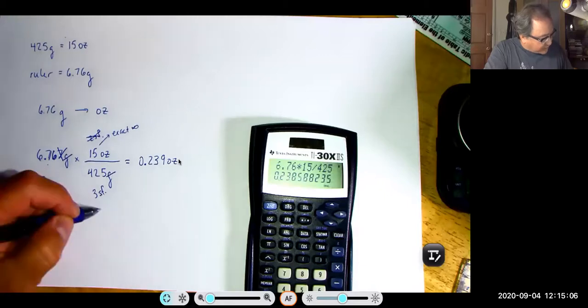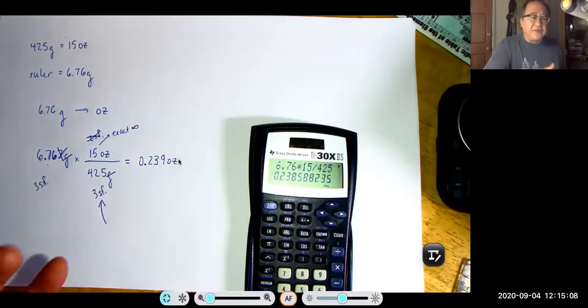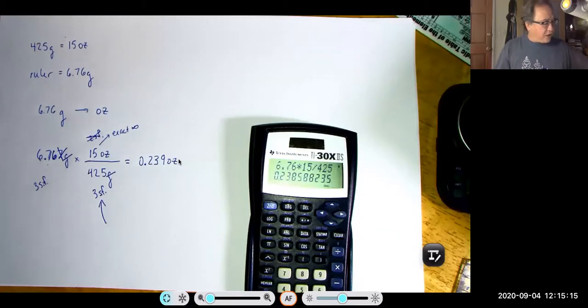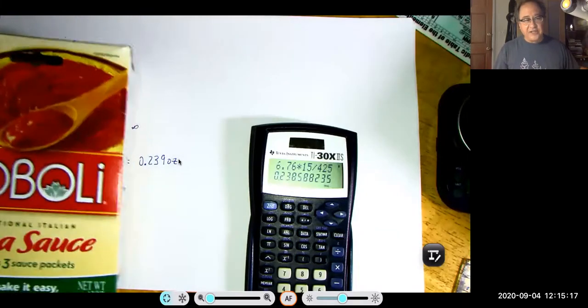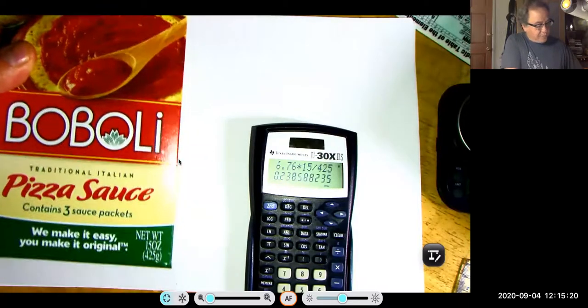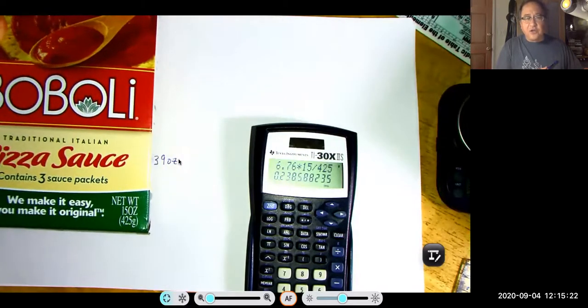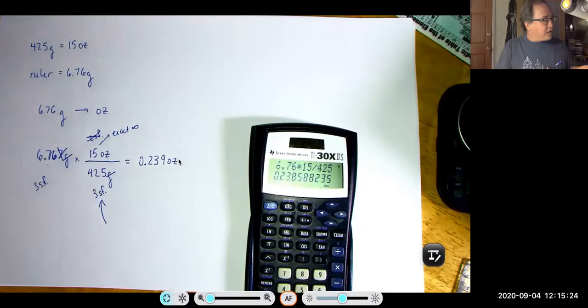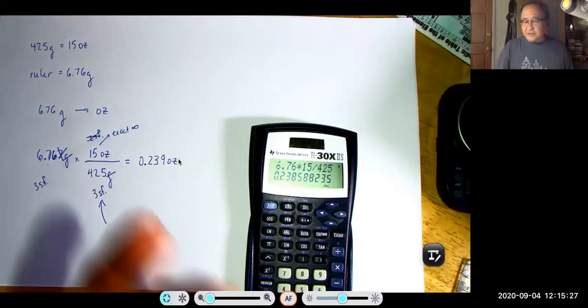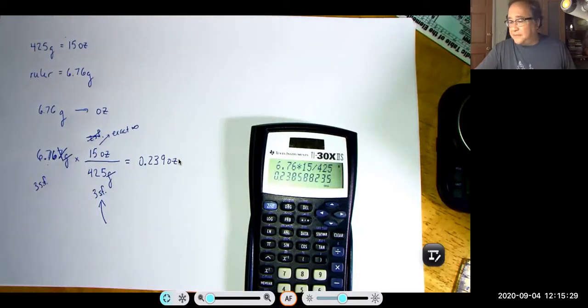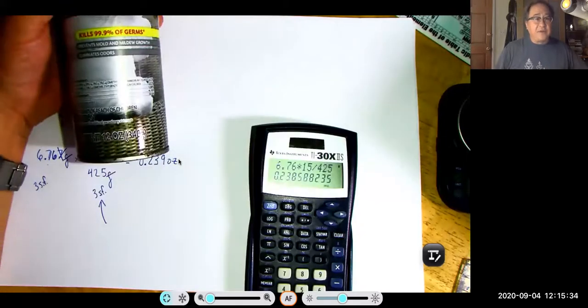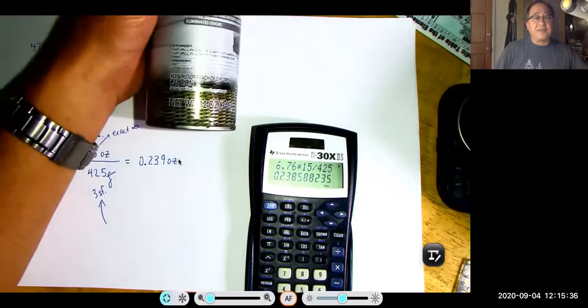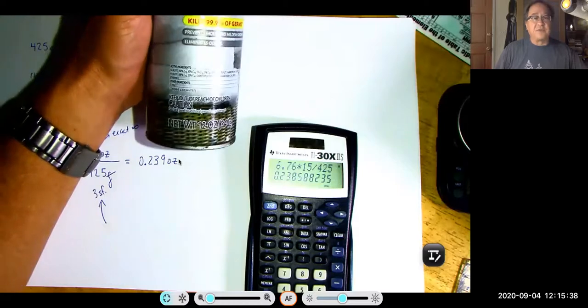Now, of course, for your second way of doing this, you're going to find a different conversion. So for mass conversions, you're looking for solid processed food, although I would argue that pizza sauce is not solid processed food. But when you see grams there, that's what you're looking for: mass. Now, for a liquid, you want to look for like a soda can or something like that. Here's another example of something where you could use the numbers from this disinfectant spray.